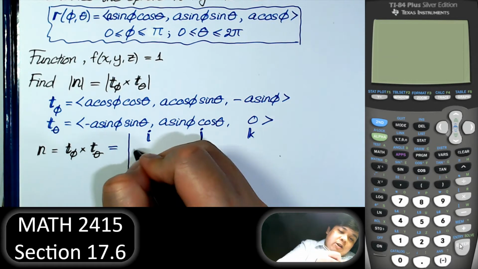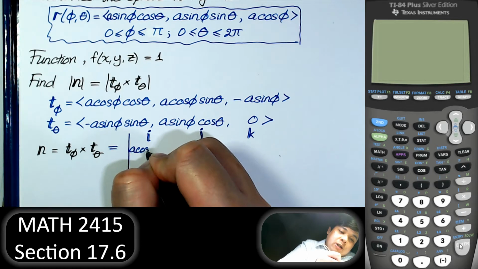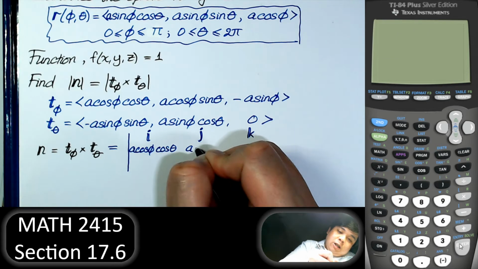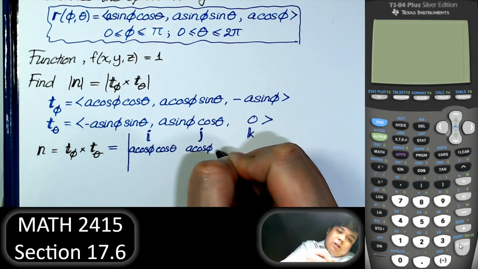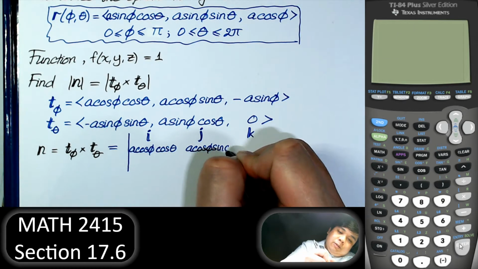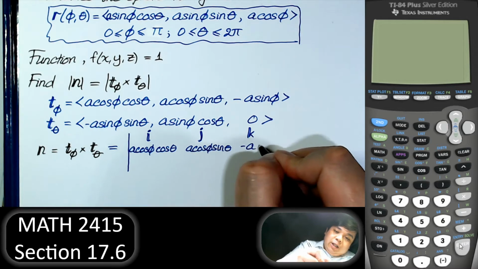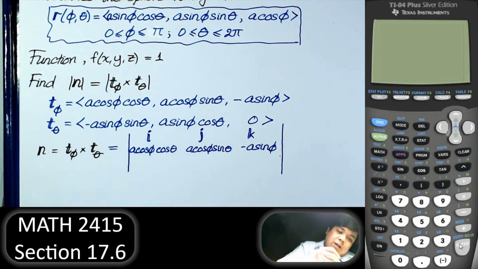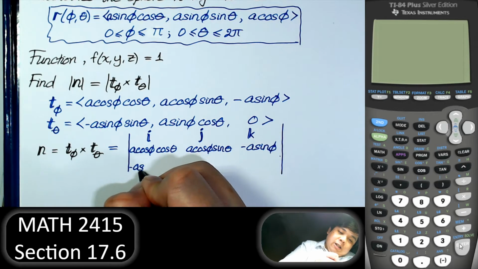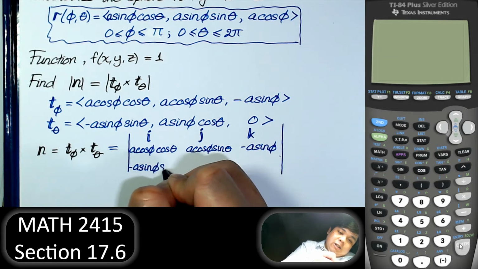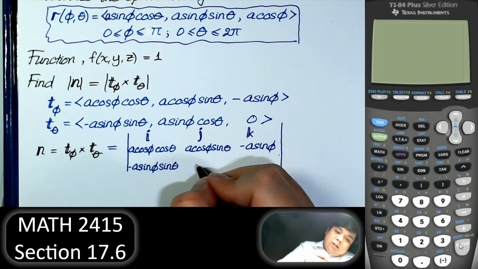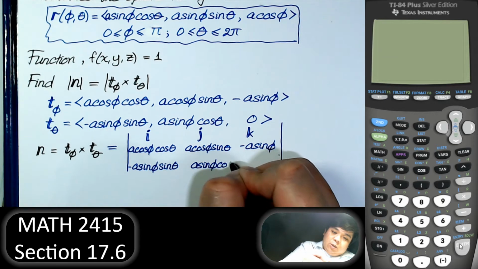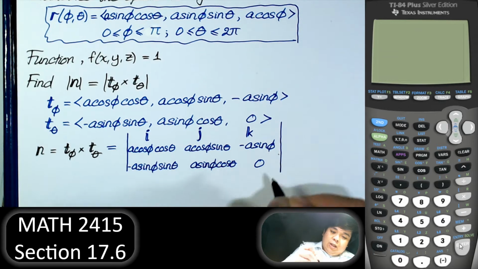Right, first a cosine cosine, a cosine sine, negative a sine, and then we have negative a sine sine, a sine cosine, and 0.